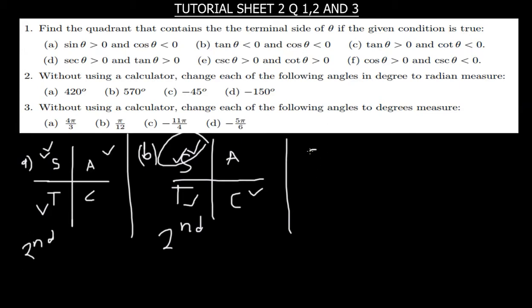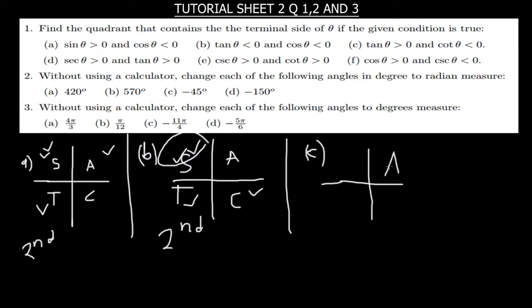So when I answer C, it means that I've answered almost the remaining ones here. Okay, I'll answer C and one of the remaining ones there. So C is saying find the quadrant in which tan is greater than 0 and cot is less than 0. Okay, let's see this.